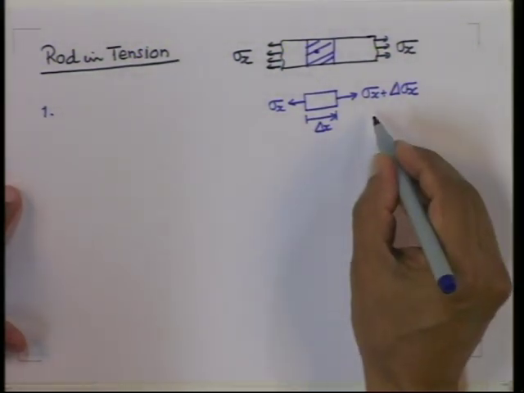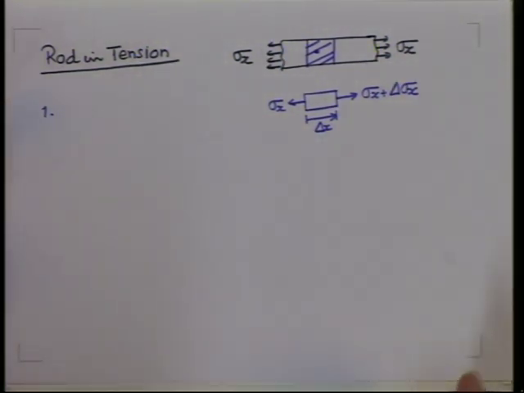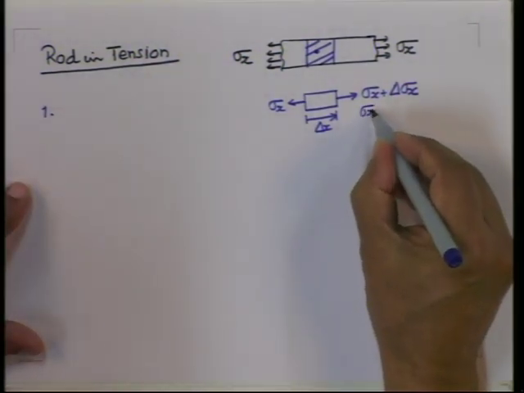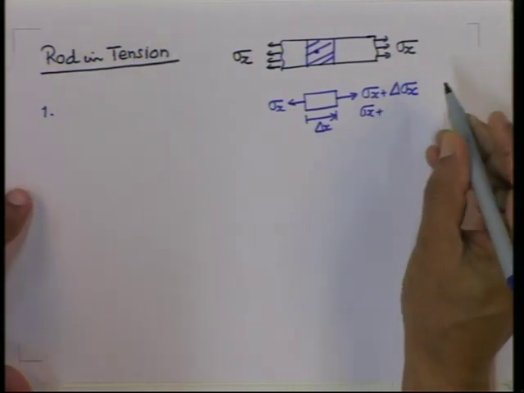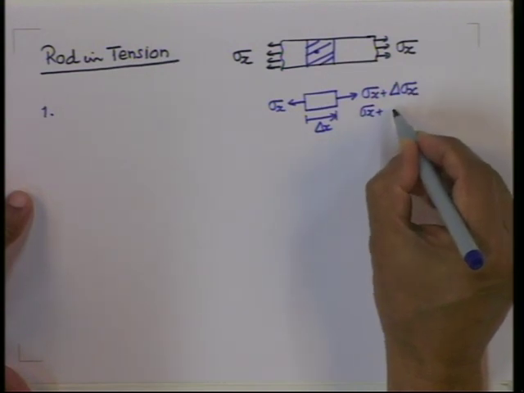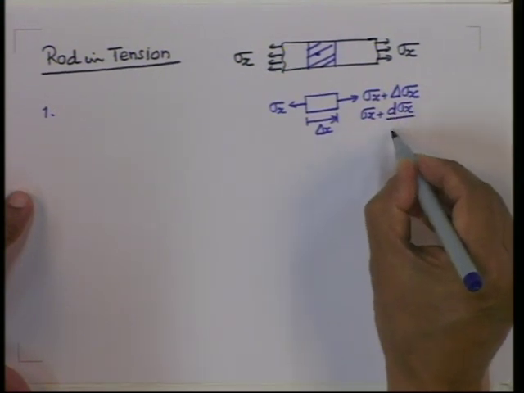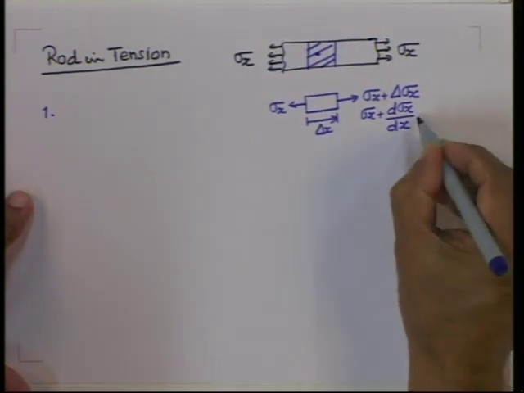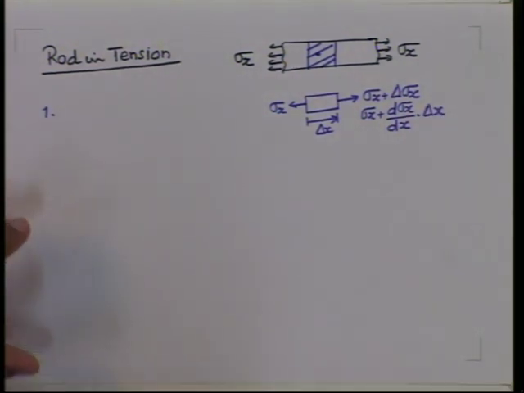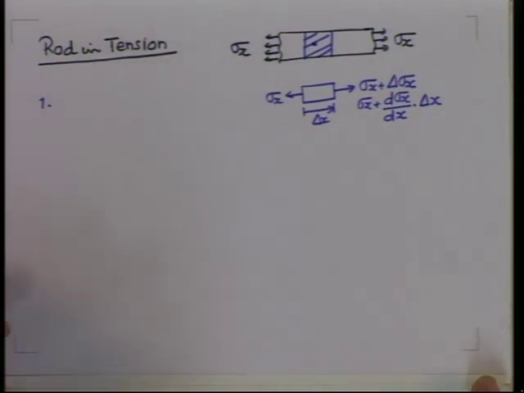Since it is only a one dimensional problem, not two or three dimensional, we can write this as sigma x plus the rate of change of sigma x with respect to x, that is d sigma by dx into dx. So, first is equilibrium.